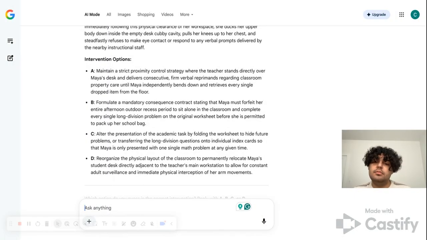So I think in a way the teacher is trying to increase autonomy, but in this case she's decreasing the building of autonomy because she's consistently standing over Maya's desk with reprimands, and it says firm, so I'm assuming those are not developmentally appropriate reprimands.